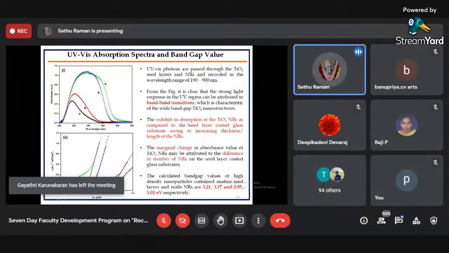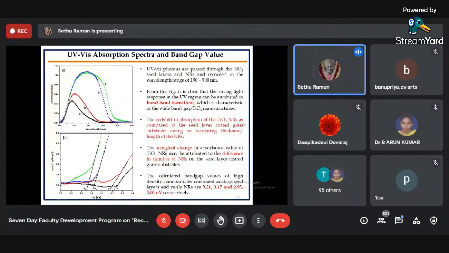We have observed a redshift of the TiO2 nanorods as compared to the seed layer. This may be due to the increasing thickness and length of the nanorod samples. The marginal changes in the absorption value of the TiO2 nanorods may be attributed to the difference in the number of nanorods on the seed layer coated glass substrate.